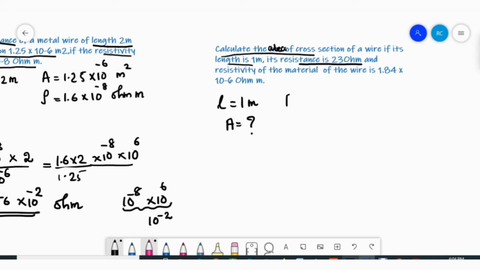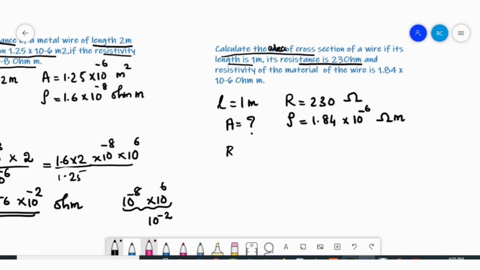So R equals 230 ohm. This is the symbol for ohm. And the resistivity of the material is, resistivity rho is equal to 1.84 into 10 to the power of minus 6 ohm meter. Okay.